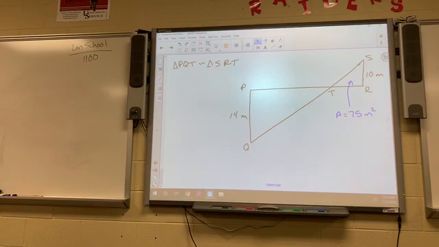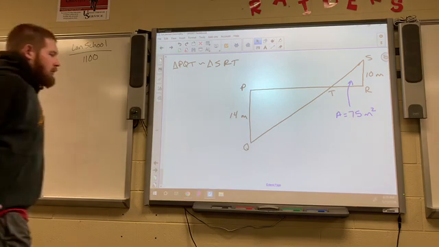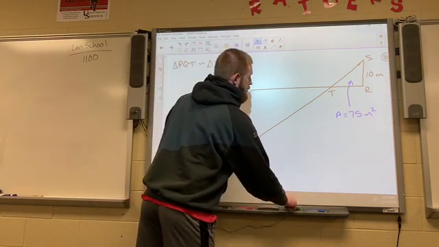Okay, so this is an example of a problem where you're not going to have a choice but to use this theorem, because I only know one side in each triangle and there is no possible way for me to find out any of those other sides. Regardless of any information, this is not possible. So what we're going to do is we're just going to set up our ratio.